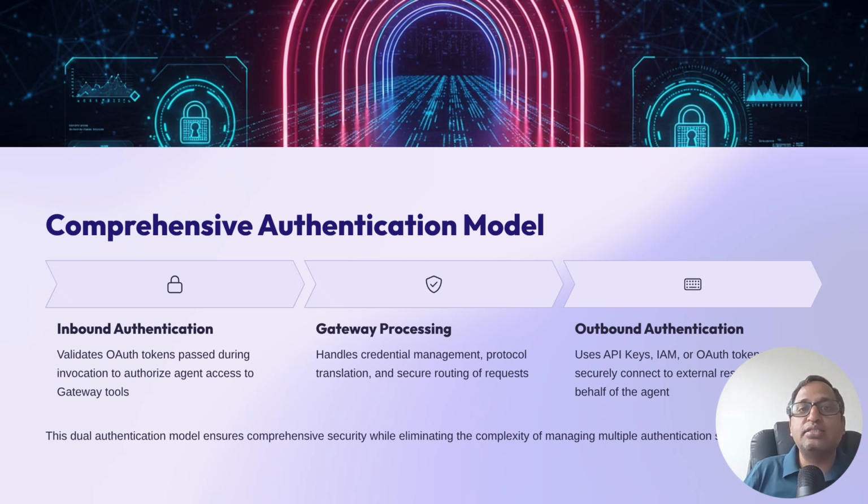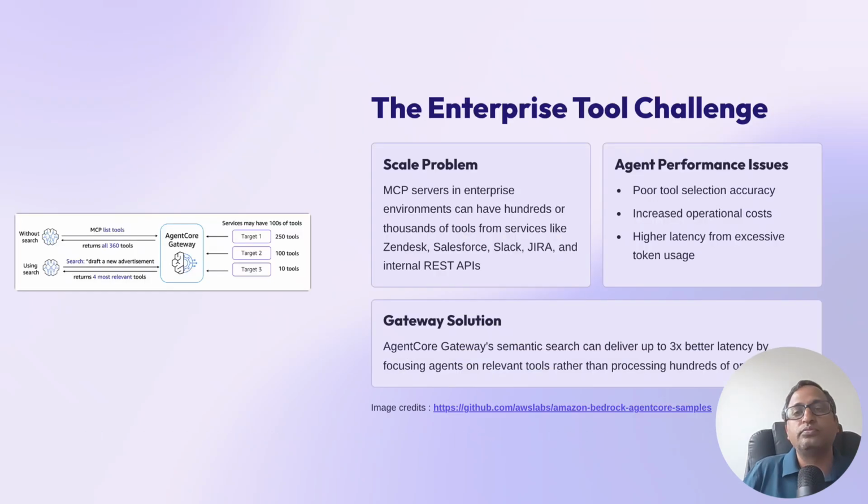So this dual authentication model helps build solid security while dramatically simplifying your development. It eliminates the need to manage credentials or build custom solutions for each tool you are building.